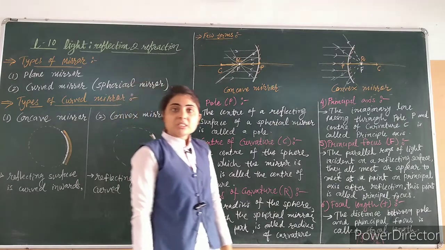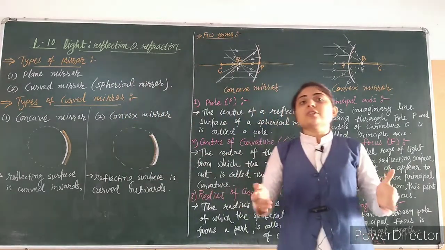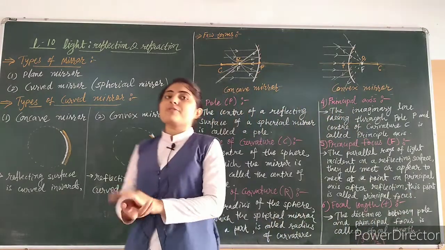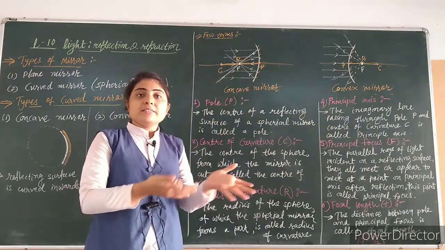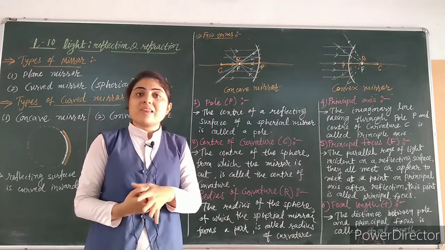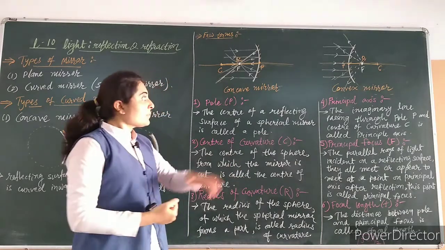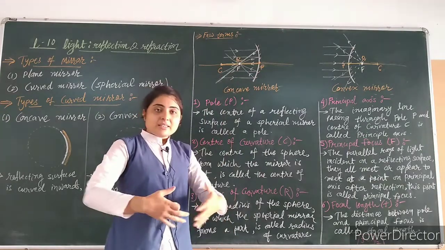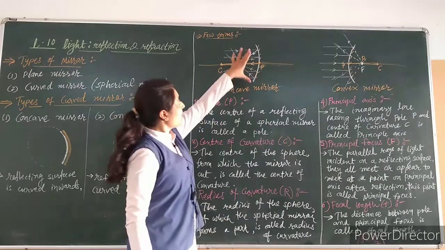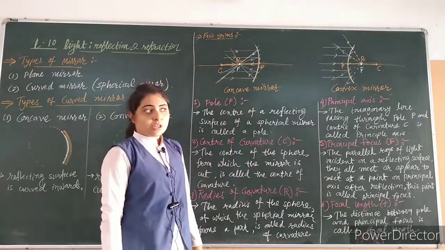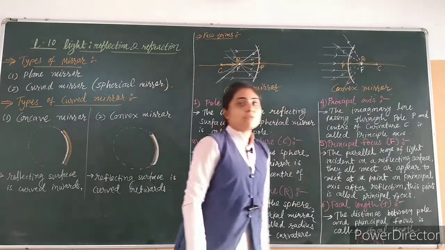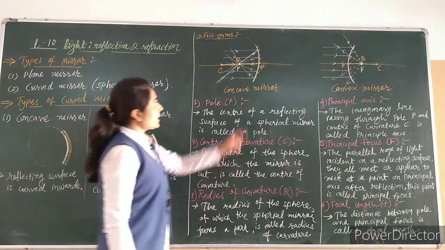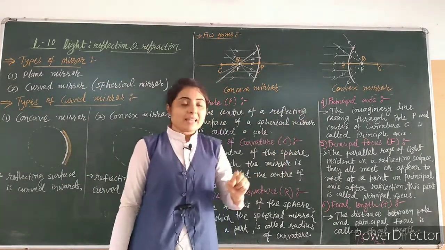And why are they meeting? Due to the curved surface of a mirror, obeying the laws of reflection, that the incident angle is equal to the reflecting angle. Obeying this rule, they are reflected in such a direction that they meet at one point or appear to meet at one point on the principal axis. That point is called the principal focus, denoted by capital F.